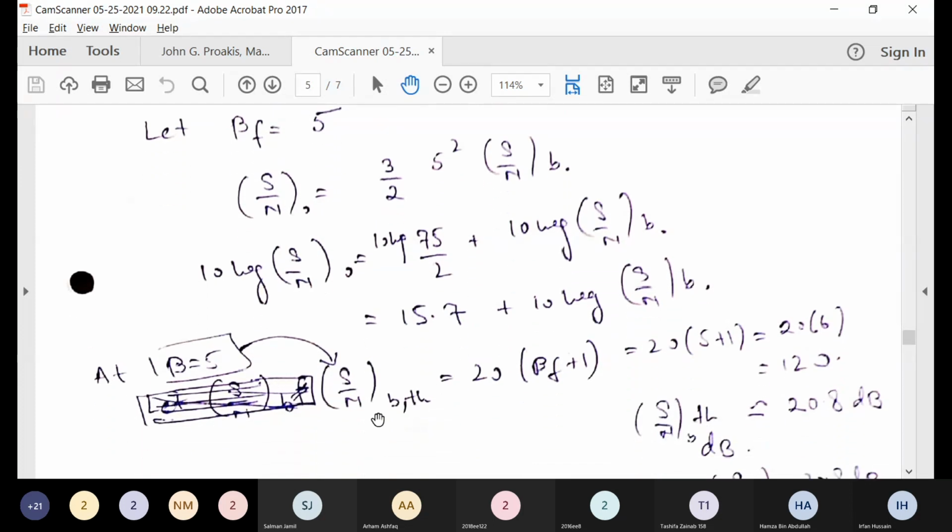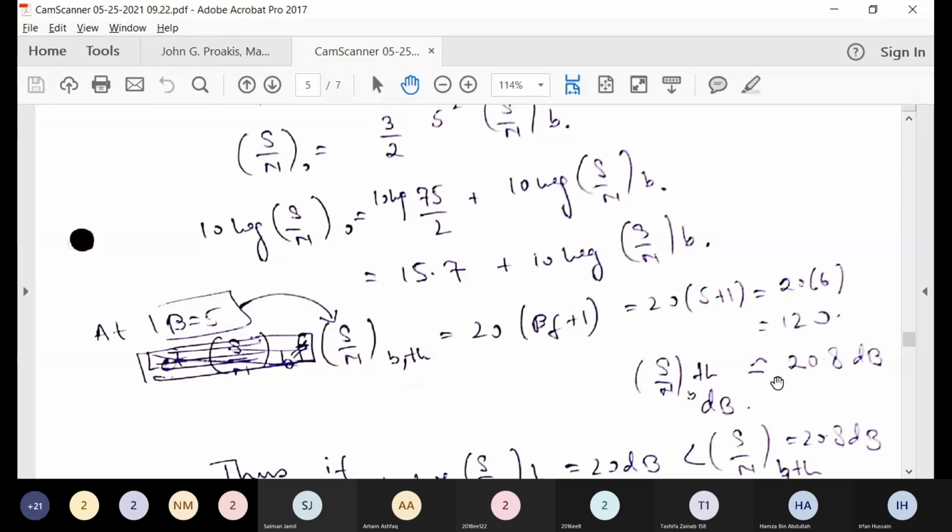Now let us check the threshold equation. We know the threshold is given by signal to noise ratio at beta threshold equal to 20 times (beta plus 1). As we have chosen beta equal to 5, my threshold comes out to be 120, or in dB, 20.8 dB. So 10 log of 120 comes out to be 20.8 dB.